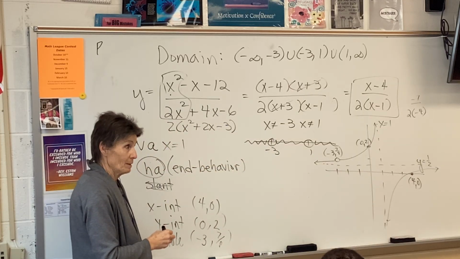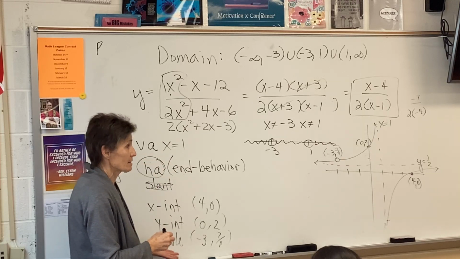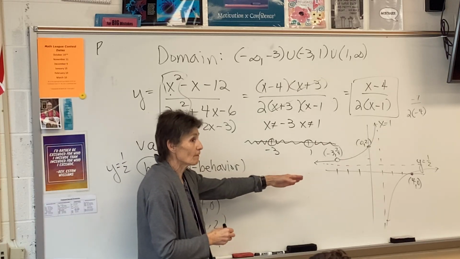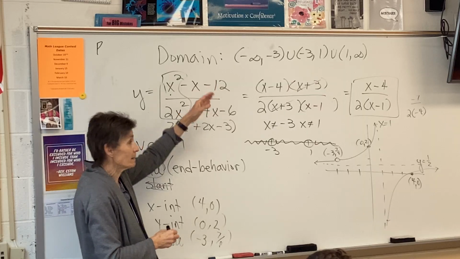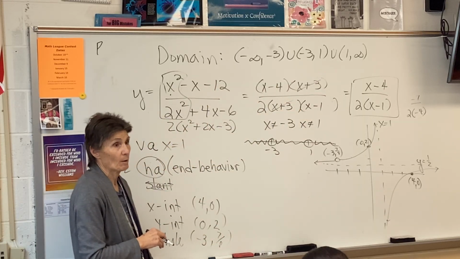That's a big problem on the test. You're going to get points for the picture, points for the domain, points for factoring correctly, all kinds of points on that problem.